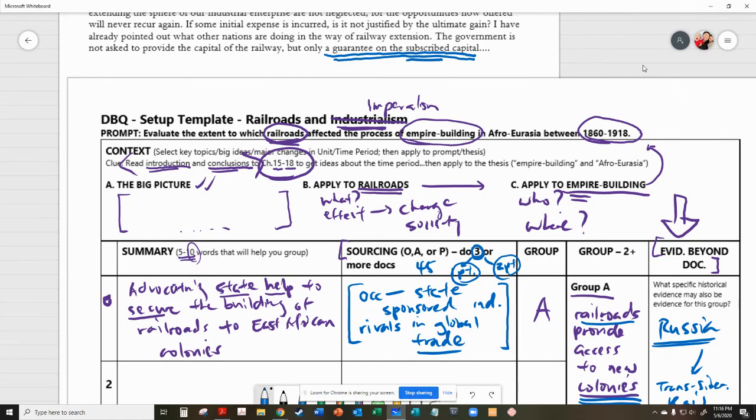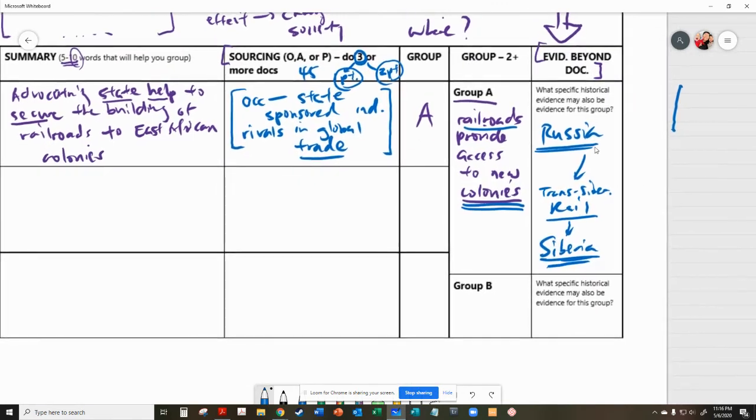It's going to allow Russia to conquer, supply, and take advantage of the resources in Siberia. That would be an example of evidence beyond the document. Again, it addresses one of the groupings that you've made, but it's not in the document set. So therefore, it is evidence beyond the document set that's provided.